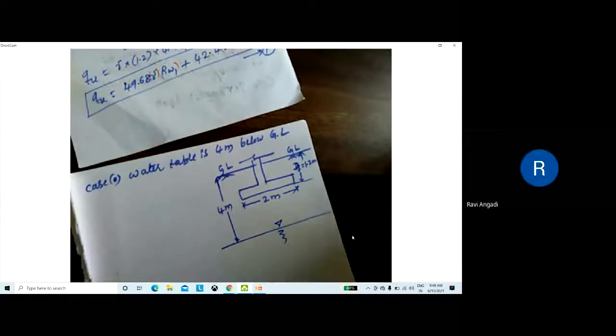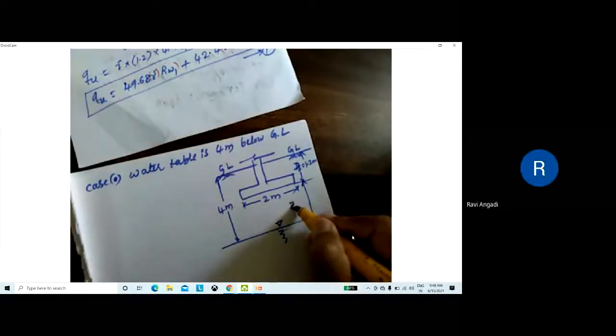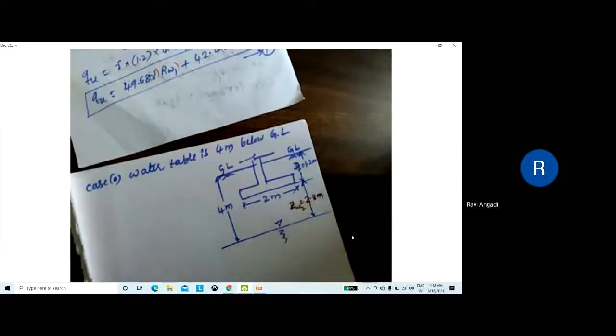Now, can you tell me what is this distance? 2.8. Shall I call it ZW2? Yes, sir. Because in the previous class we have taken this as ZW2. That is 2.8 meter. Mark that one.